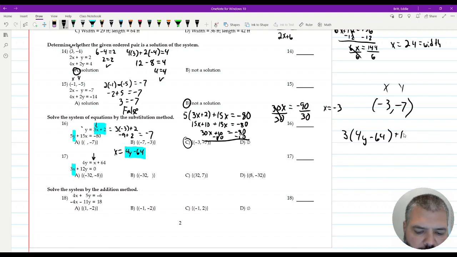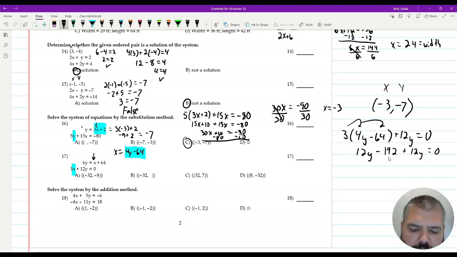Then I have plus 12y equals 0. So I want to distribute here. 3 times 4y is 12y, minus 64 times 3 is 192, plus 12y equals 0. 12y and 12y, that's 24y minus 192 equals 0.